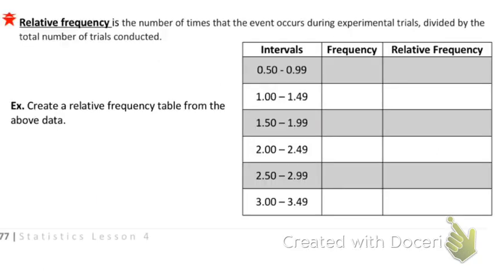Relative frequency is going to be a percentage. In fact, it's usually just a decimal, but we can read it as a percent. It is the number of times that an event occurs during an experimental trial divided by the total number of trials conducted.